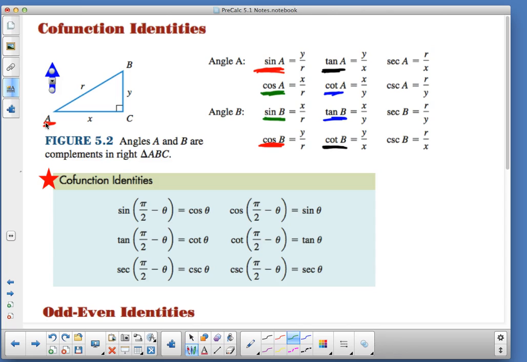Now, to continue with that, I've got secant and cosecant of A and B, and they're the same value. And finally, I'm hoping that you're recognizing cosecant and secant.